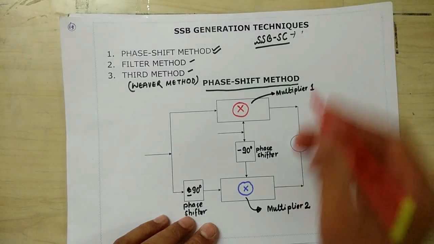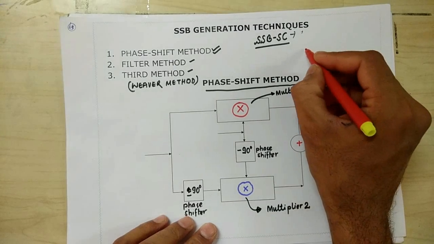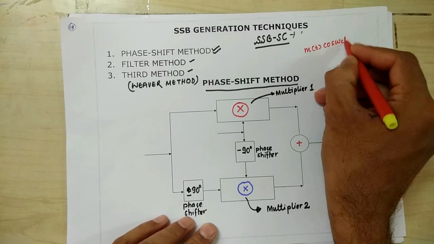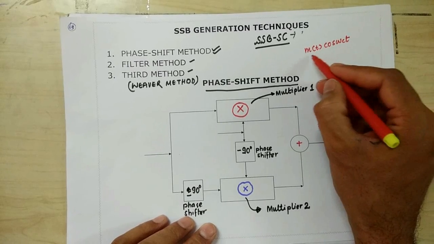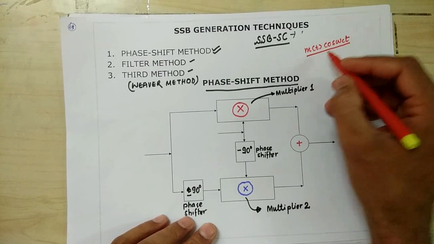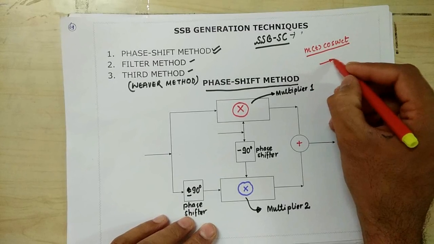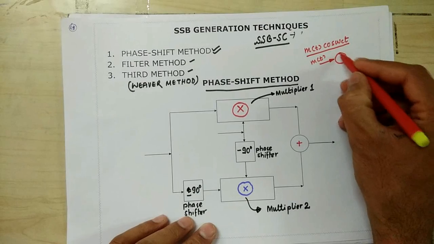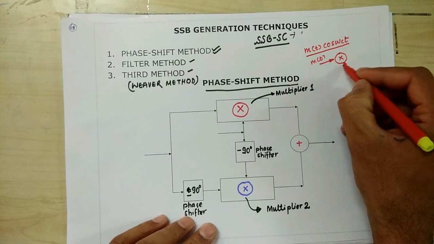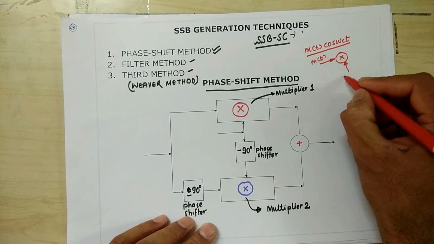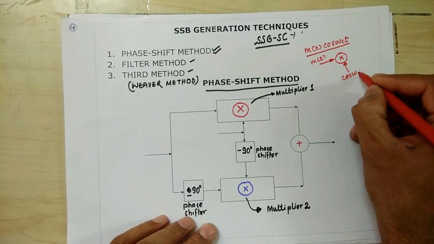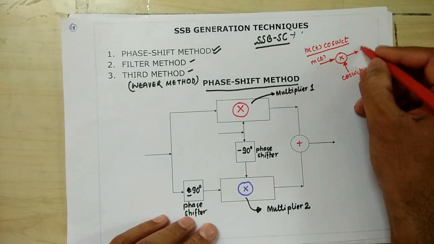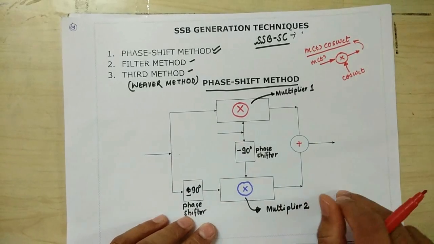If you see the equation of DSB-SC, this is nothing but m of t cos omega c t. So to generate this m of t cos omega c t, you take m of t, which is your message signal, you take a multiplier, and the second input to this multiplier is going to be your carrier signal, which is cos omega c t, and the multiplier output will be m of t cos omega c t.